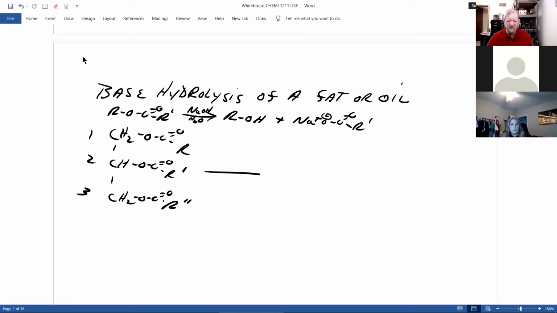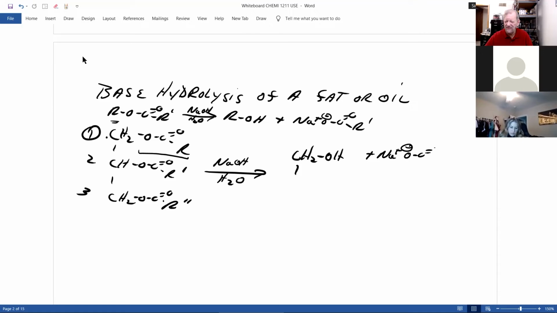So if I take this triglyceride and react it with sodium hydroxide, you can use other bases too, but for this, I'll stick to sodium hydroxide. Ester number 1, I'll get this alcohol. R right here is CH2 and still bonded to something. And then this part will give me this carboxylate anion. Next, ester number 2.